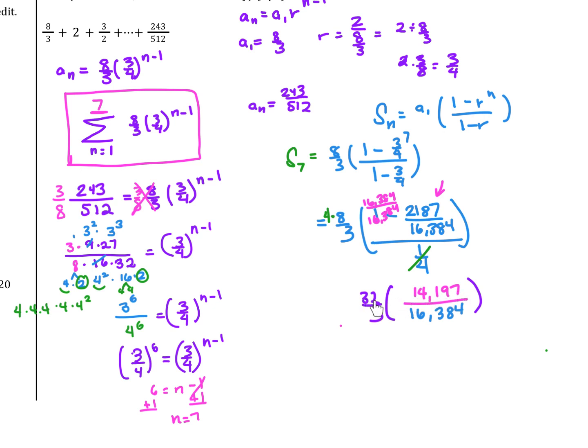But I'm going to see if 32 goes into 16,384. And it does. It goes in 512 times. So to simplify it a little bit, we have 14197, and then we have 512 times 3, which would be 1,536. And so that is the sum of the first 7 terms.